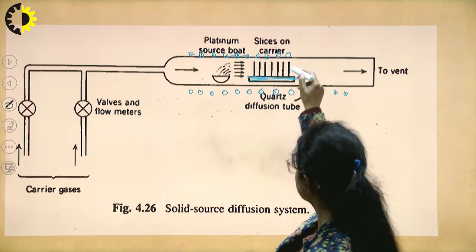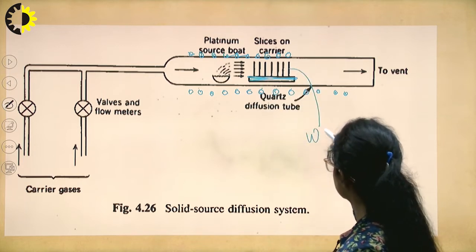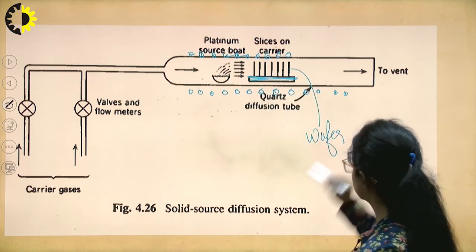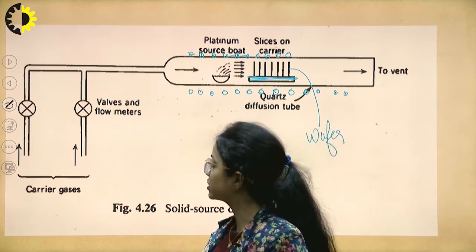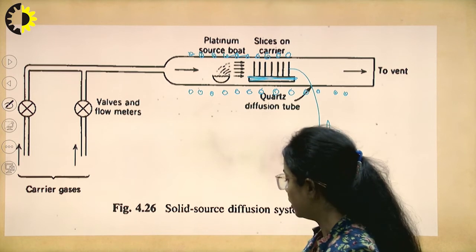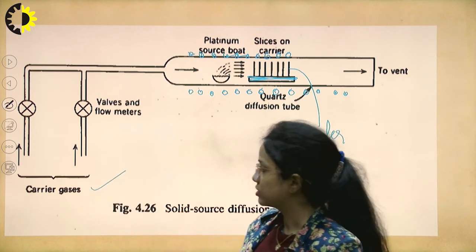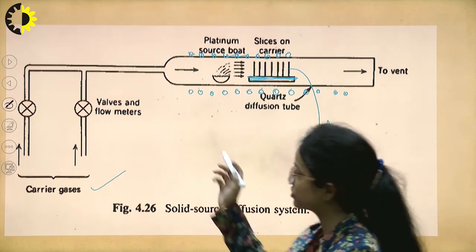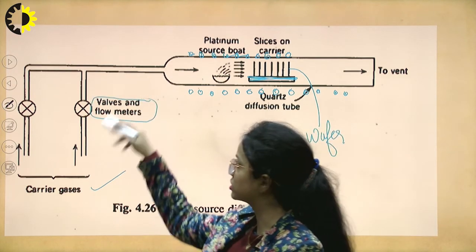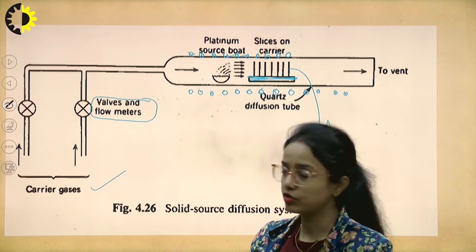On that susceptor, these are the wafers. Here we have a carrier gas. These carrier gases are allowed to enter with the help of a control mechanism using valves and a flow meter.